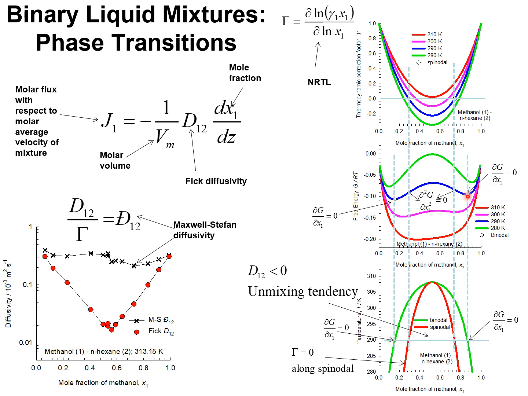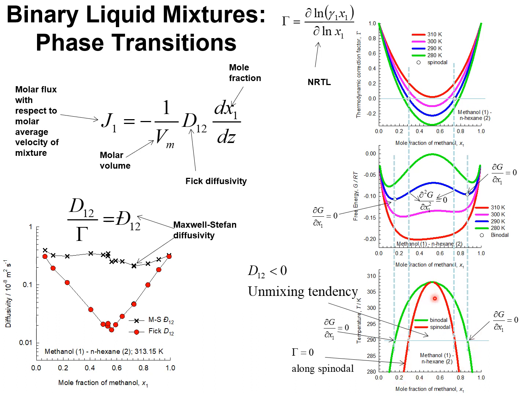These are the 2 points here where the partial derivative of G with respect to the composition x1 is 0. Those are the points. So plotting the minima in the Gibbs free energy versus composition curves, we can construct the binodal curve.